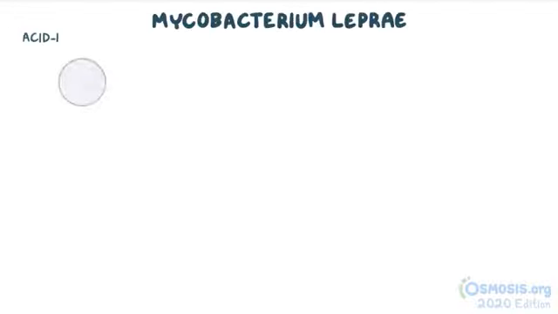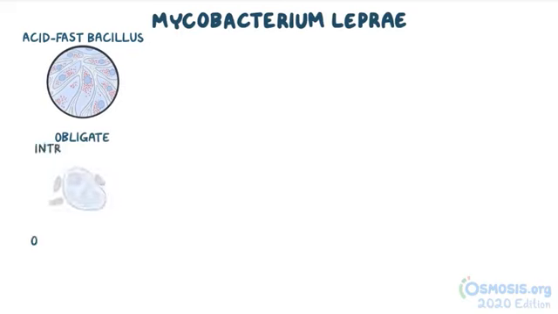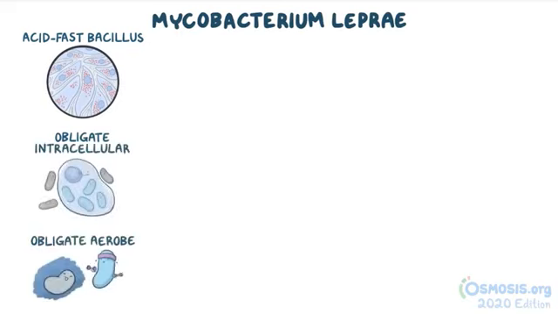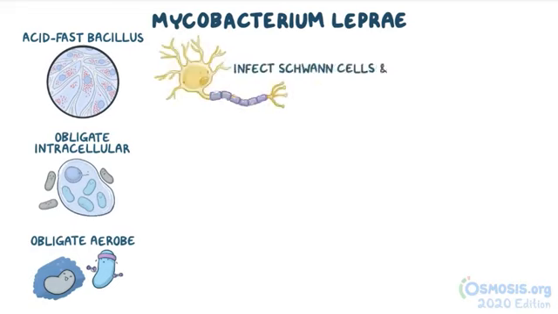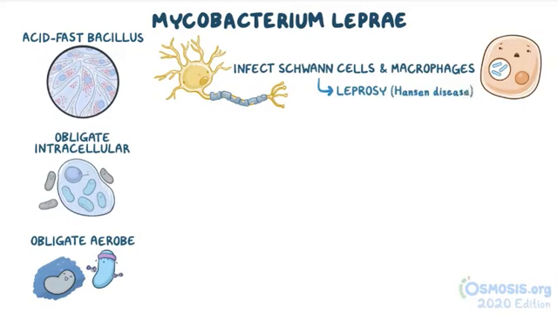Alright, as a quick recap, Mycobacterium leprae is an acid-fast bacillus, obligate intracellular aerobe, which cannot be cultivated in vitro. It has the ability to infect Schwann cells and skin macrophages, and causes a disease called leprosy or Hansen disease.